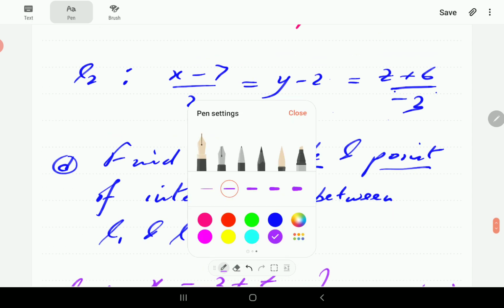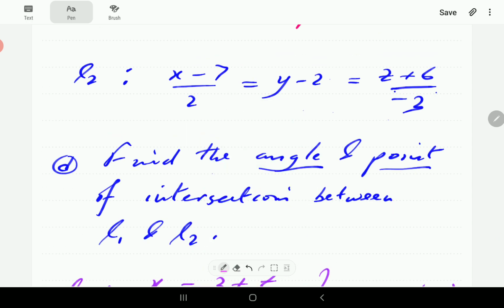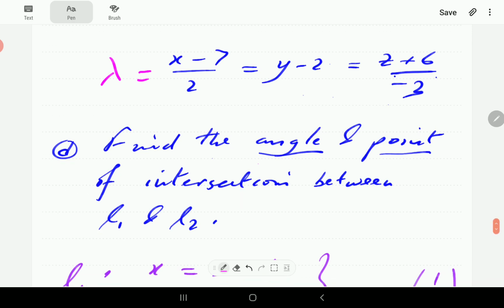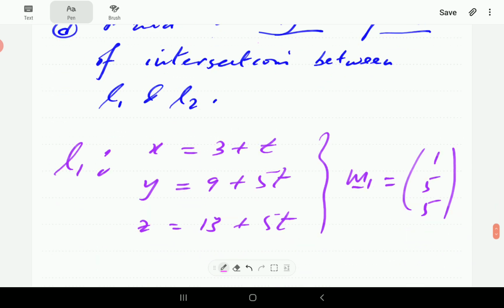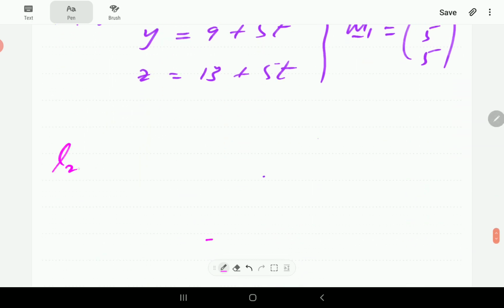Now you're going to notice, as we already worked through this before, we are going to set this to be equal to a different parameter. Then x is 7 plus 2 lambda, so this is L2: 7 plus 2 lambda.